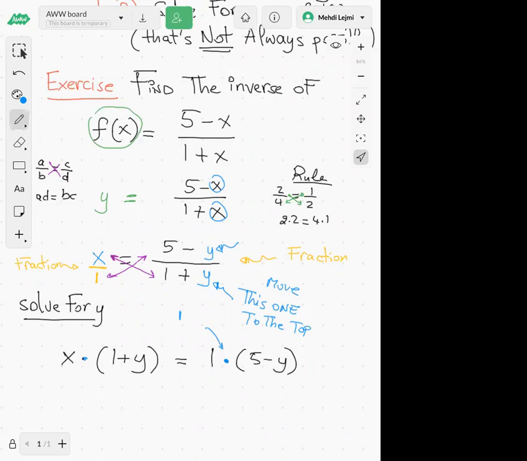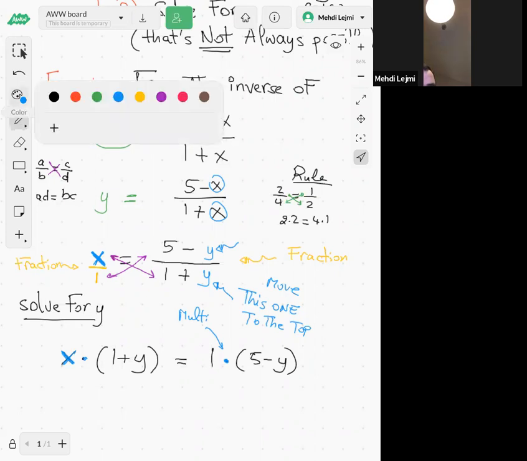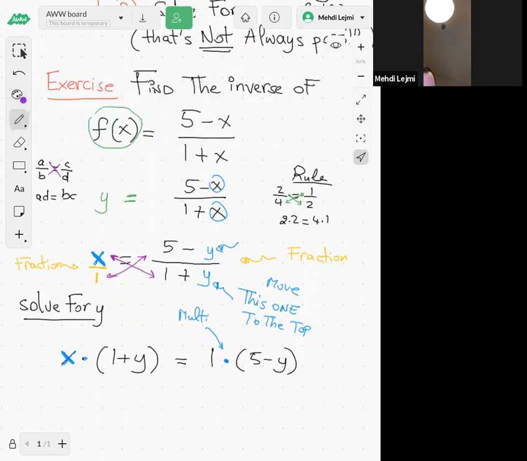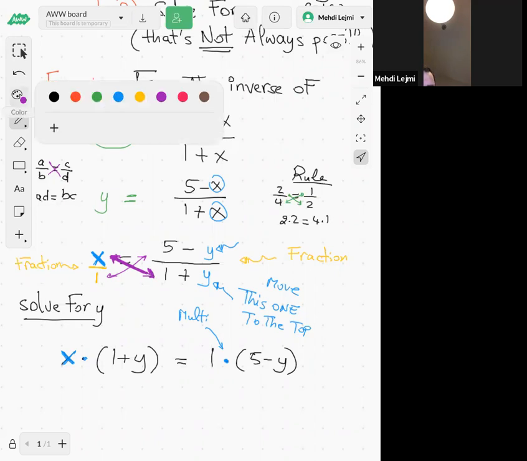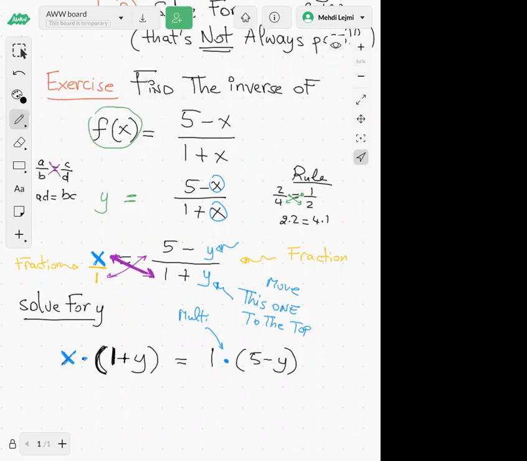Here, you're talking about this x, right? This x is multiplied by, if you follow the arrow, 1 plus y. We don't put another x, like 2x.